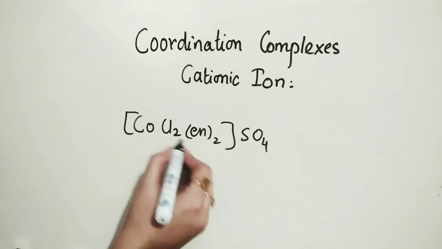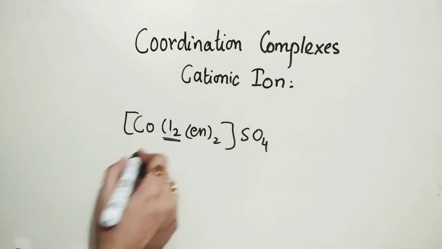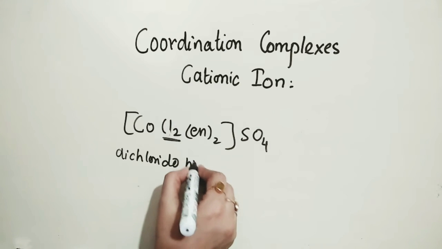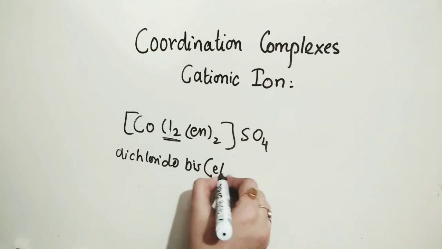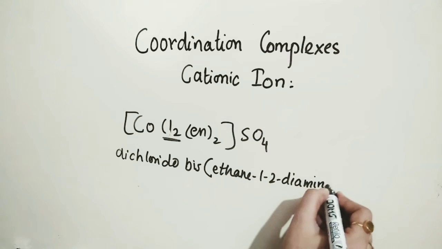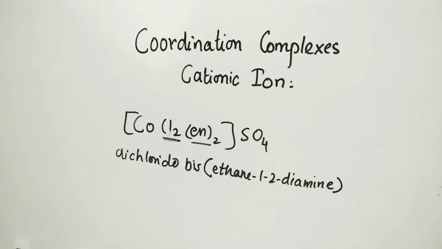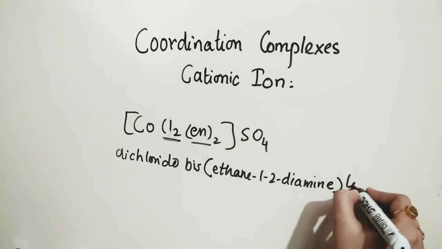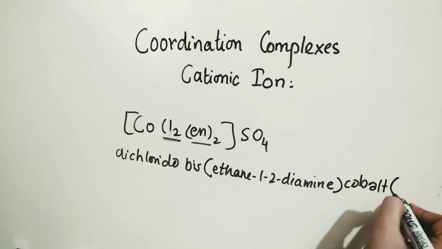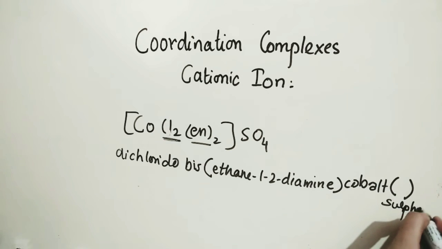In this case, since there are chlorine and ethane-1,2-diamine ligands, we will follow alphabetical order. So it is dichlorido, bis, and in bracket we will write ethane-1,2-diamine. Amine is a single M here. So dichloridobis(ethane-1,2-diamine)cobalt, all in small letters, cobalt, bracket oxidation state, and then sulfate.